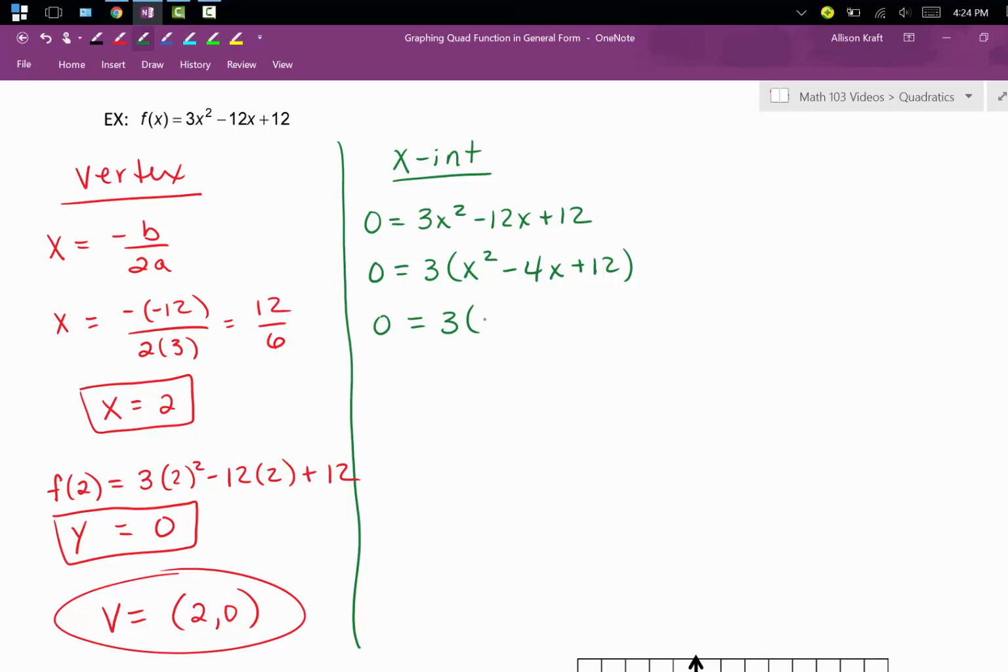That quadratic factors into x minus 2 times x minus 2. Setting each one of our factors containing a variable equal to 0, we get x to be equal to 2 twice. This means that we only have one x-intercept, the point 2, 0.